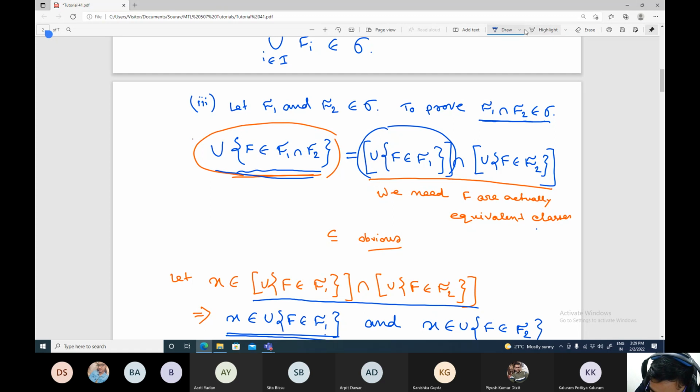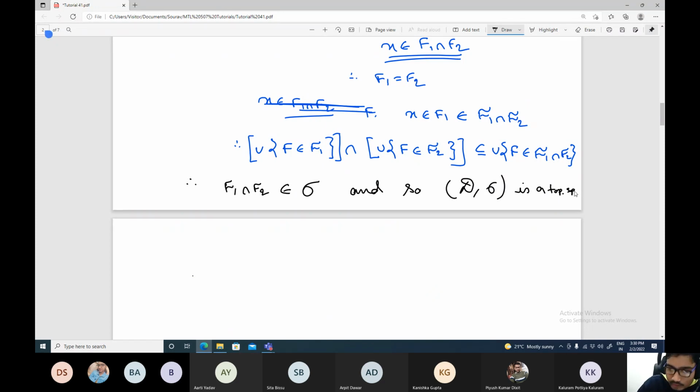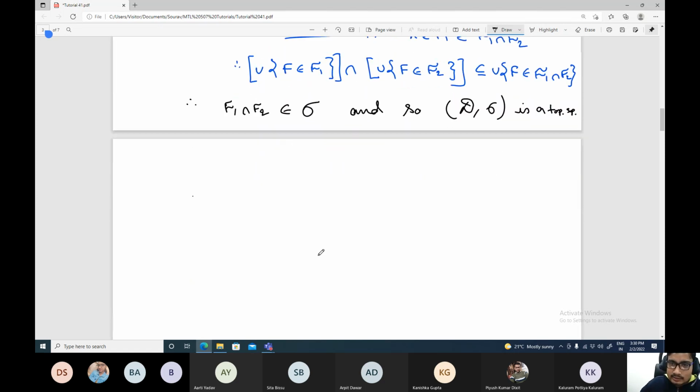But each is an arbitrary union of open sets in X. Therefore this is open in X, and similarly this is open in X, and therefore this set is open in X. So we can say script F1 intersection script F2 belongs to this sigma, and so sigma is a topology, or sigma forms a topological space, right?